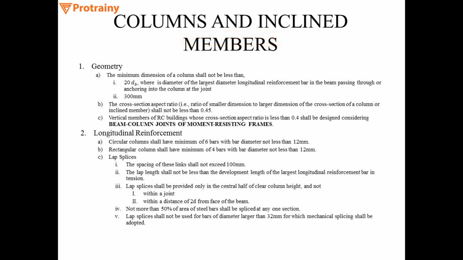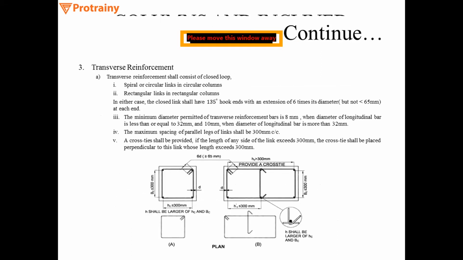Not more than 50% of the area of steel shall be spliced at one section, same as the beam. Lap splices shall not be used for bars of diameter larger than 32 mm, for which mechanical splicing or mechanical coupling shall be adopted.